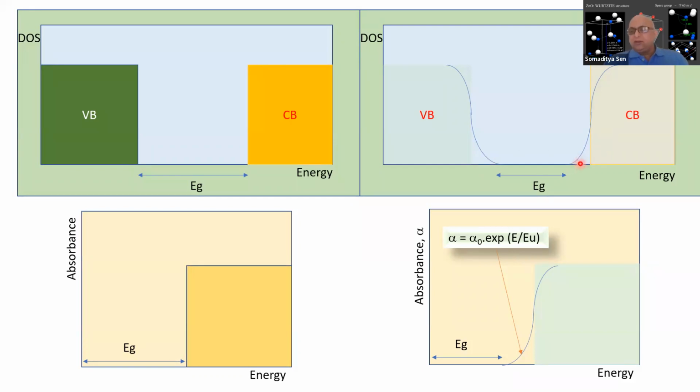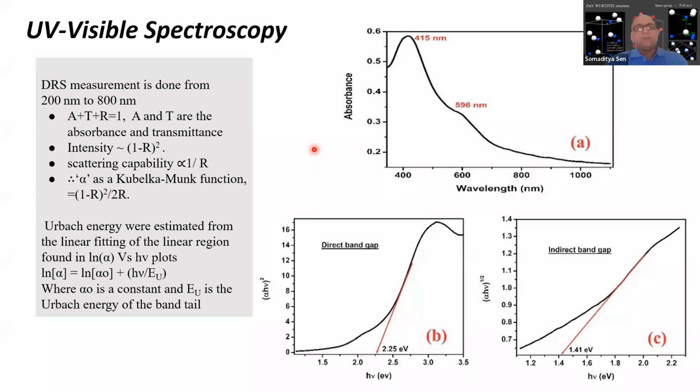Similarly, the conduction band also behaves like this. This changes the absorption spectrum to something like this. Now, the absorption alpha at this point will behave as an exponential law: alpha is equal to alpha 0 exponential E by some constant EU, where EU is generally known as the Urbach energy. I'll come to it later on.